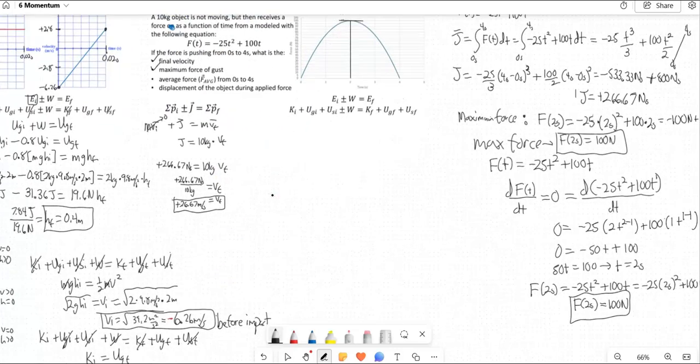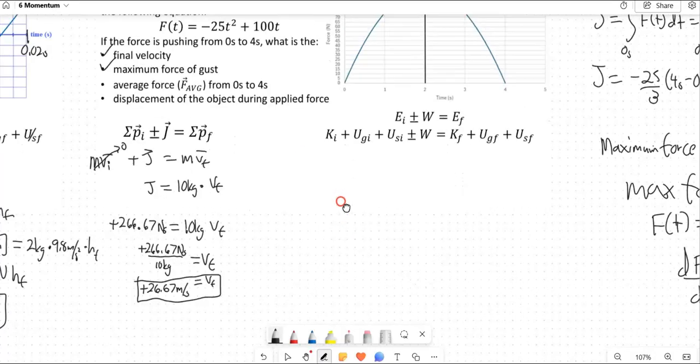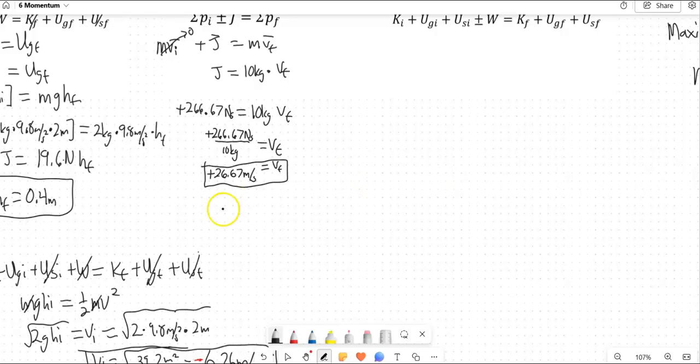The good news is we figured out what the impulse was. So if impulse is equal to the average force times time, then to figure out the average force, we just take the impulse that we figured out and divide it by the period of time, which we know is 4 seconds.